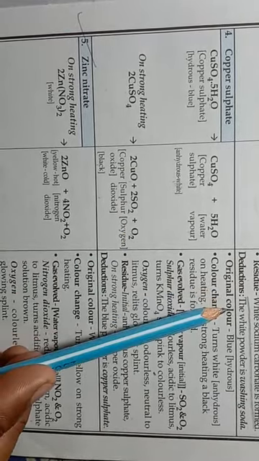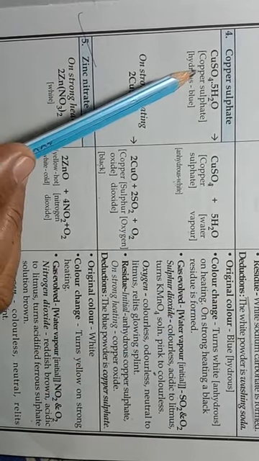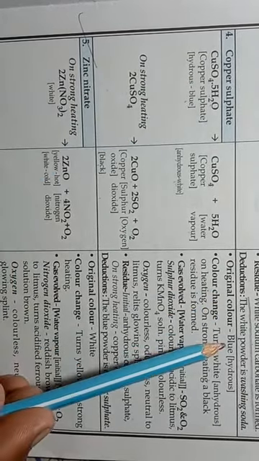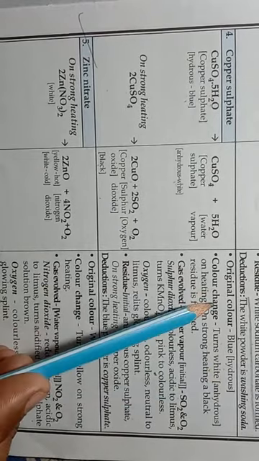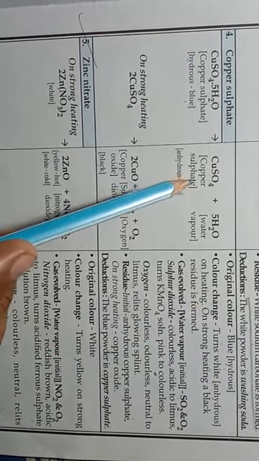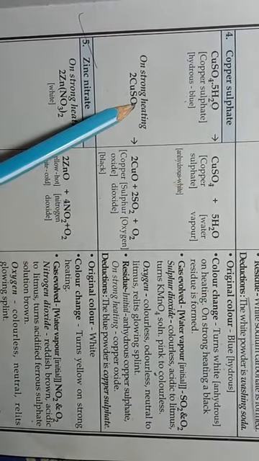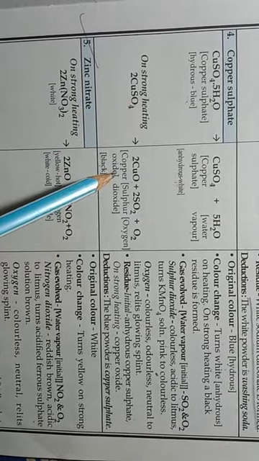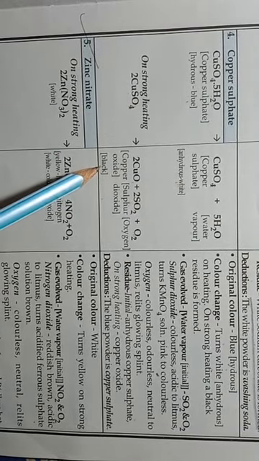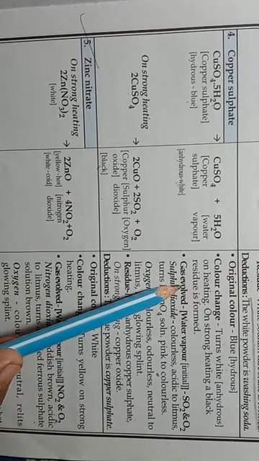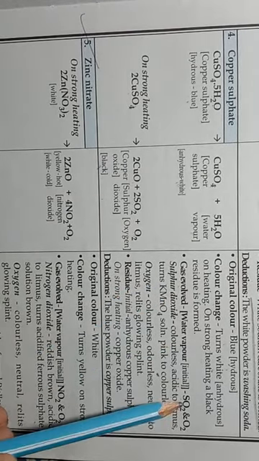So the original color is blue, in the hydrated condition, and the color changes from blue to white, and finally it changes to black. Gases evolved: water vapor, SO2 and O2.